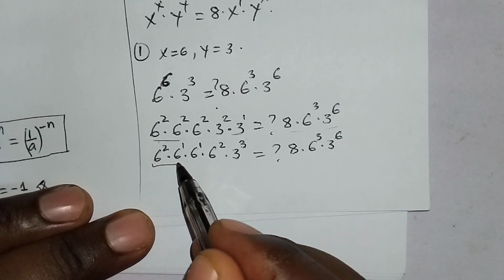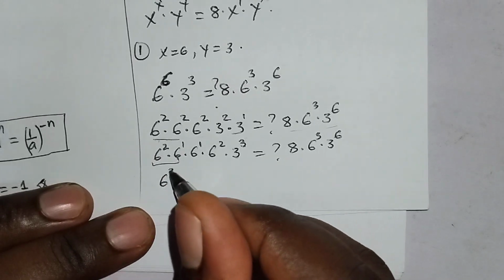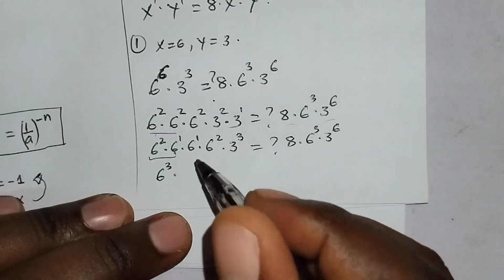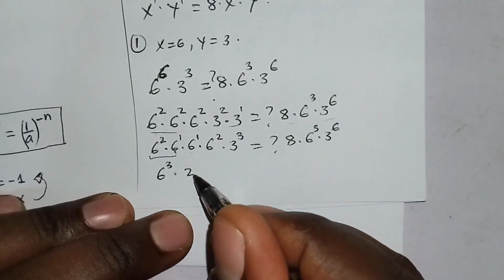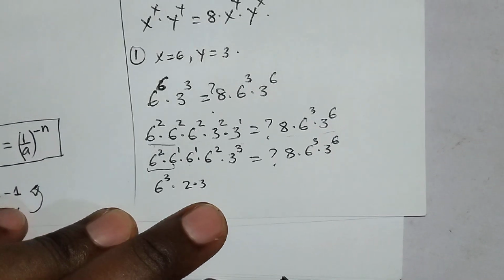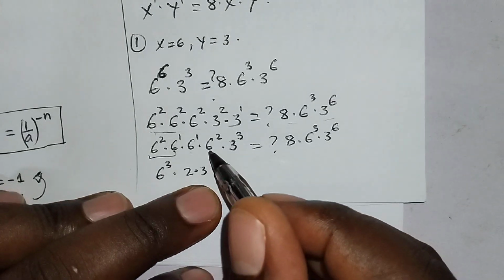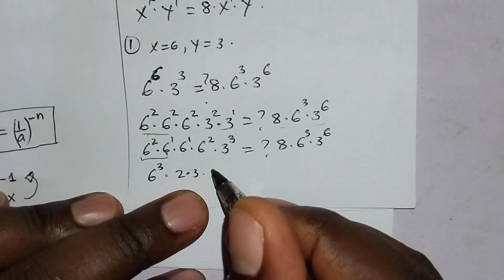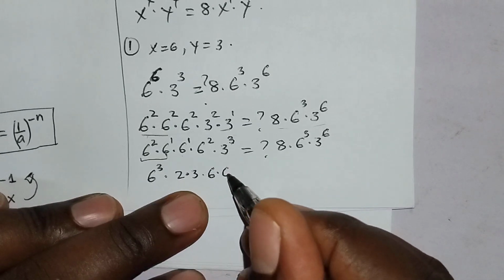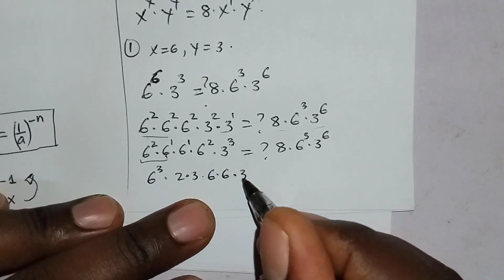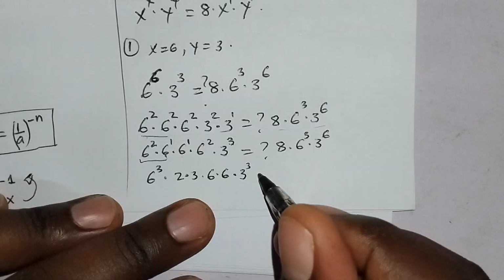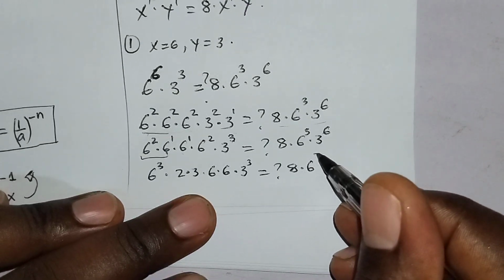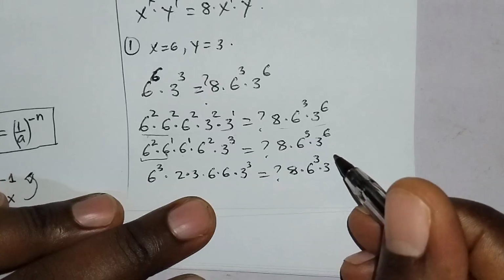Here it is 6 power 3 times, here we have 2 times 3, and here we have 6 times 6 times 3 cube. Is it equal to 8 times 6 power 3 times 3 power 6?